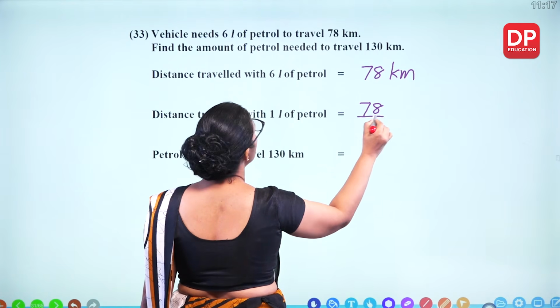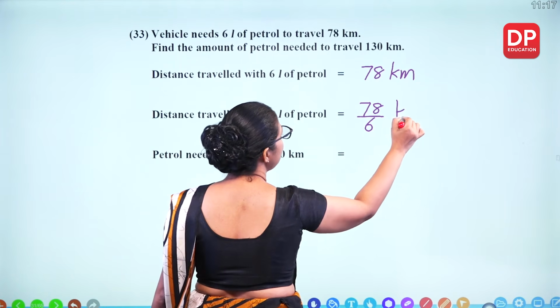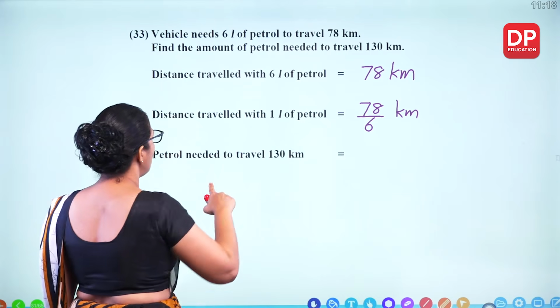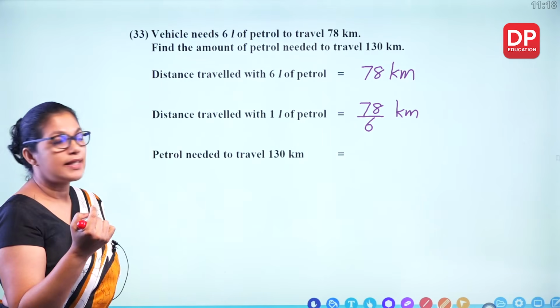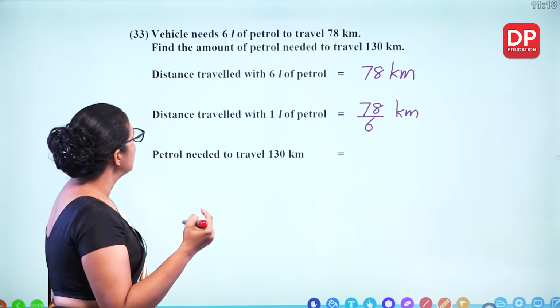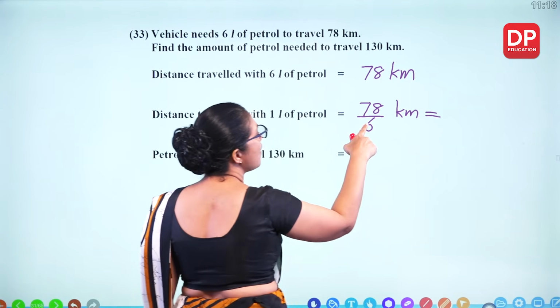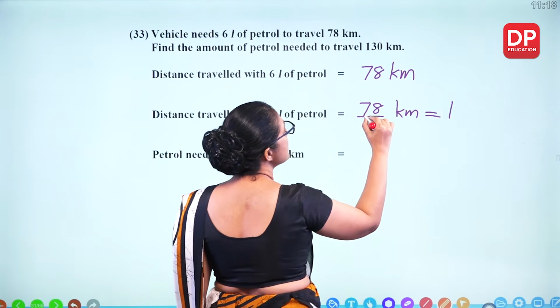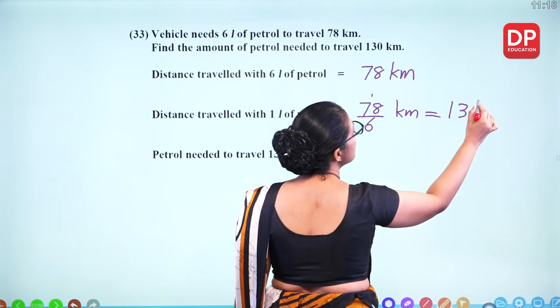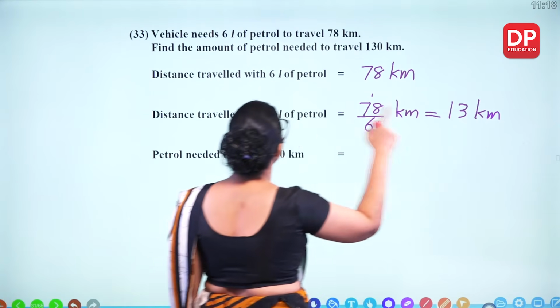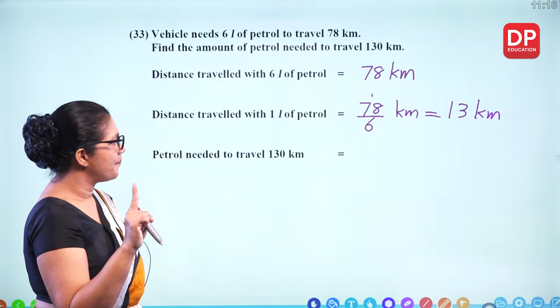You divide this by 6. And for 130 kilometers, petrol needed. So the other way around. Now we'll simplify this. 6 times 1, 6 and 3. 13 kilometers for 1 liter.